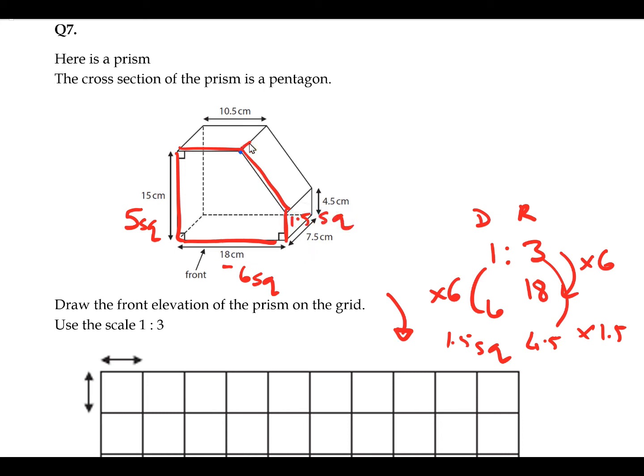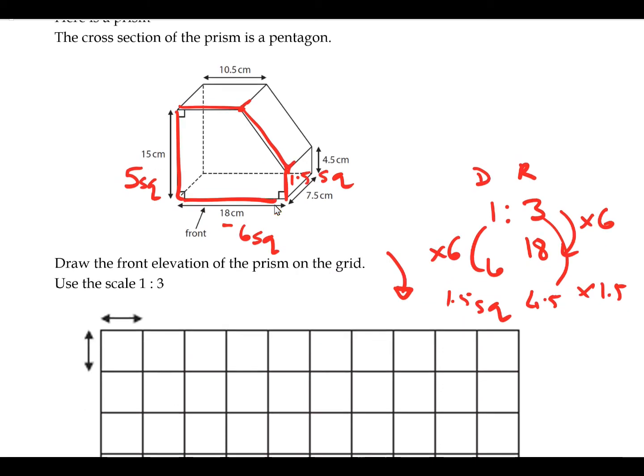And then whatever's left, so we don't have to have the measure, we will just join this end to this end on our drawing, and it doesn't matter, the drawing will give us that length anyway. We don't have to worry about that particular length.